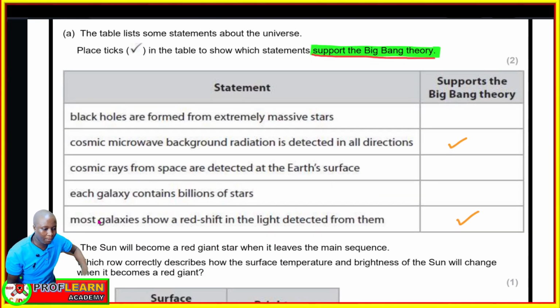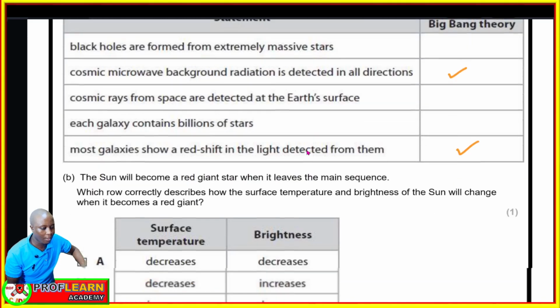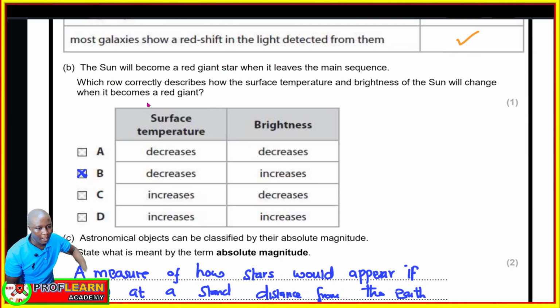Most galaxies show a redshift detected from Earth, indicating the universe is expanding. Also, microwave background radiation is detected in all directions anywhere on Earth, and that means it could have been produced during the Big Bang.